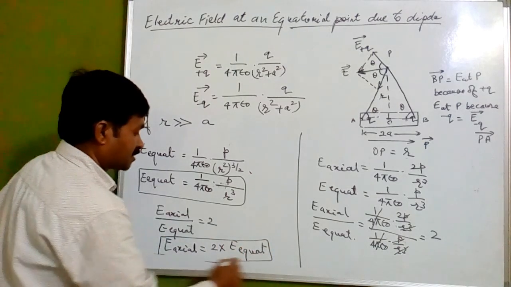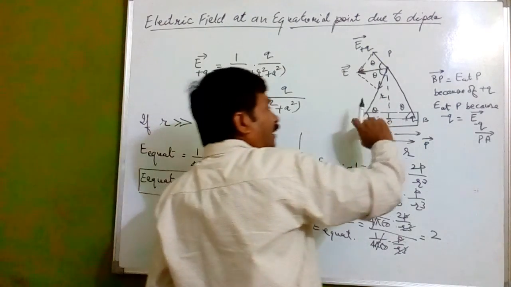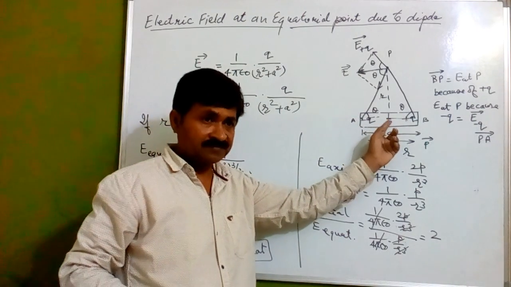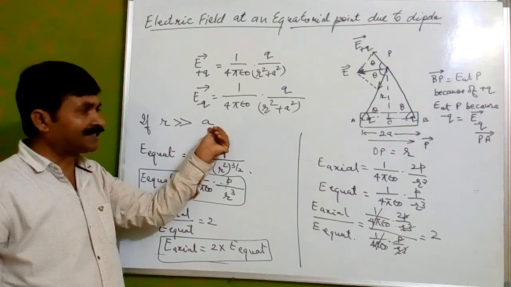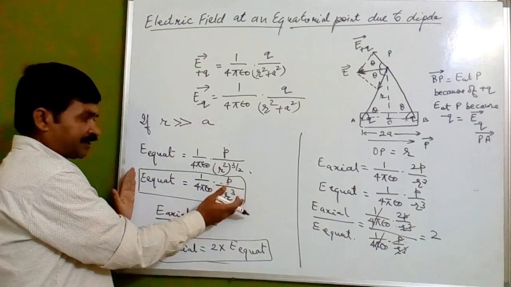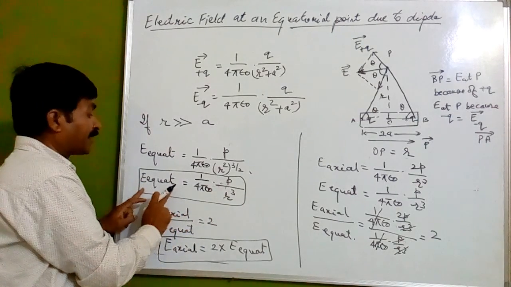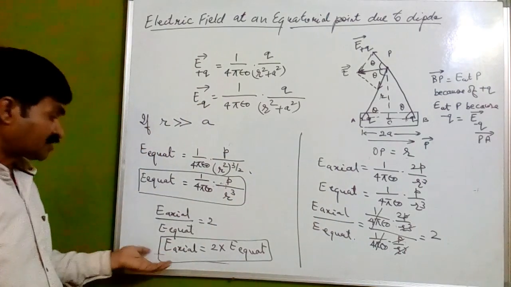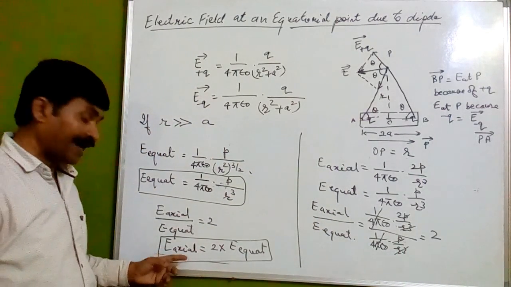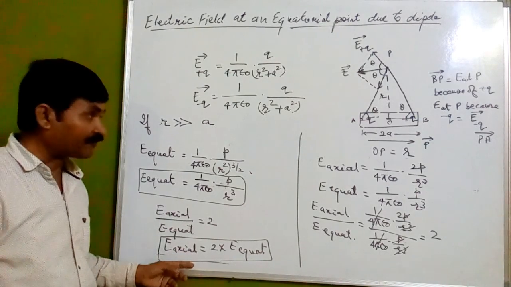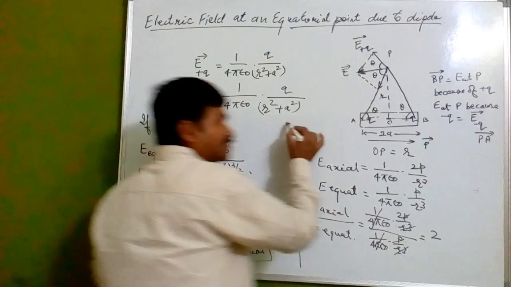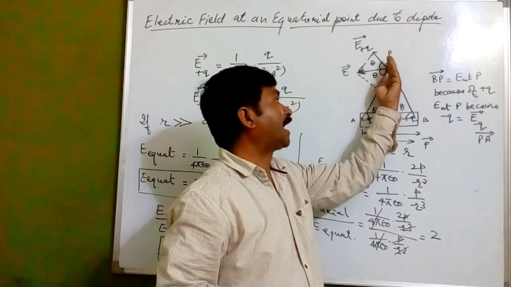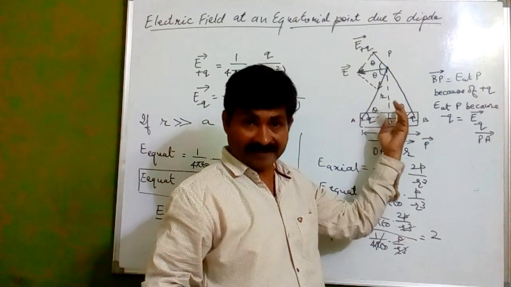So we have taken the same distance r from the center in the case of the axial point as well, and we assume that r is much greater than a. So we have the magnitude for the equatorial case, and similarly the magnitude for the axial case. Comparing them, the electric field at the axis because of the dipole is 2 times the electric field at the equatorial point at the same distance.